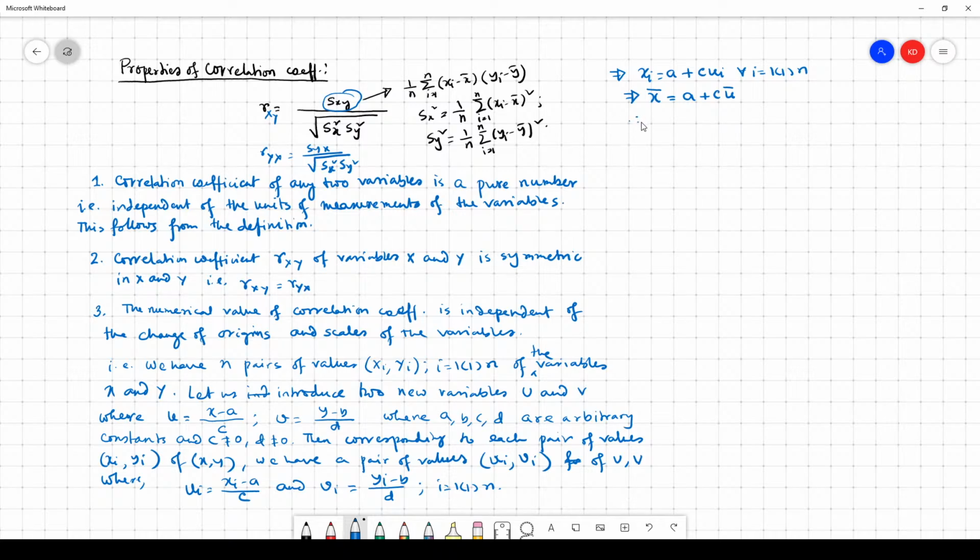Therefore, xi minus x bar is equal to c times (ui minus u bar). Similarly, yi minus y bar is equal to d times (vi minus v bar), i from 1 to n.